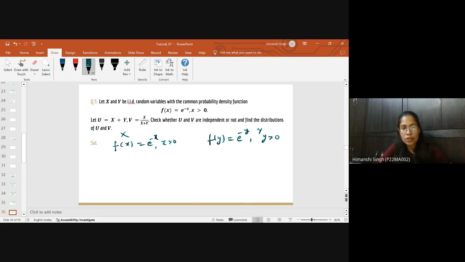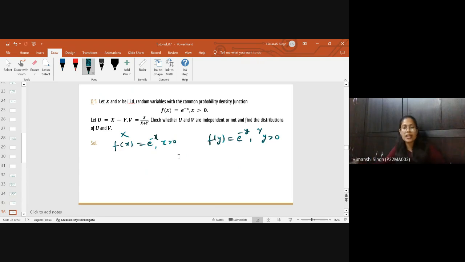Now we are considering u to be x plus y and v to be x upon x plus y. First we need to check whether u and v are independent or not.